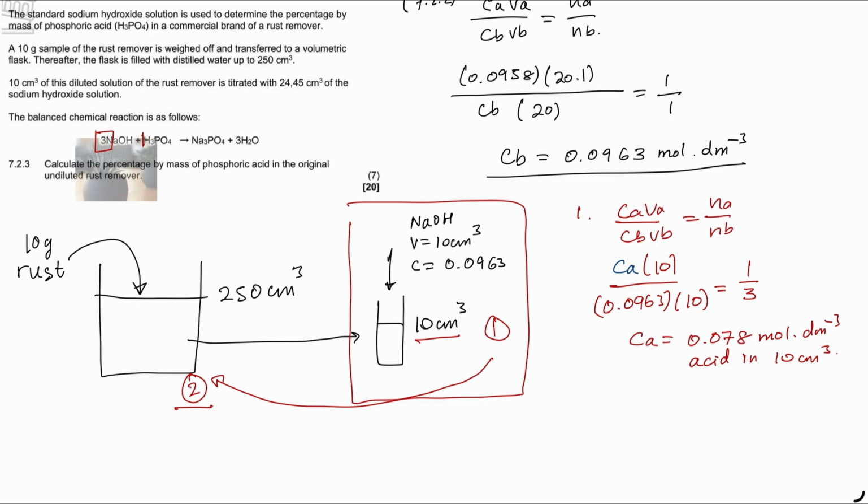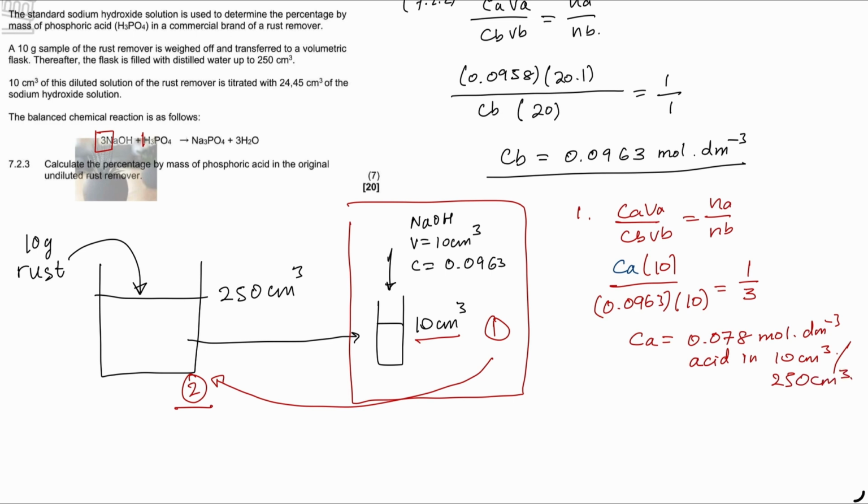I like to use the analogy that if you are making some cordial or passion fruit or some drink of that sort where you have to mix certain things together, when you make a big pitcher or a big jug of it, say 2 liters, and you taste that, that is the equivalent of the concentration. It tastes fine. Then from there you can pour it out into other glasses. The taste isn't going to change. The taste stays the same. So the concentration likewise will remain the same. So the concentration in the 10 cm cubed is going to be the same concentration in the 250.